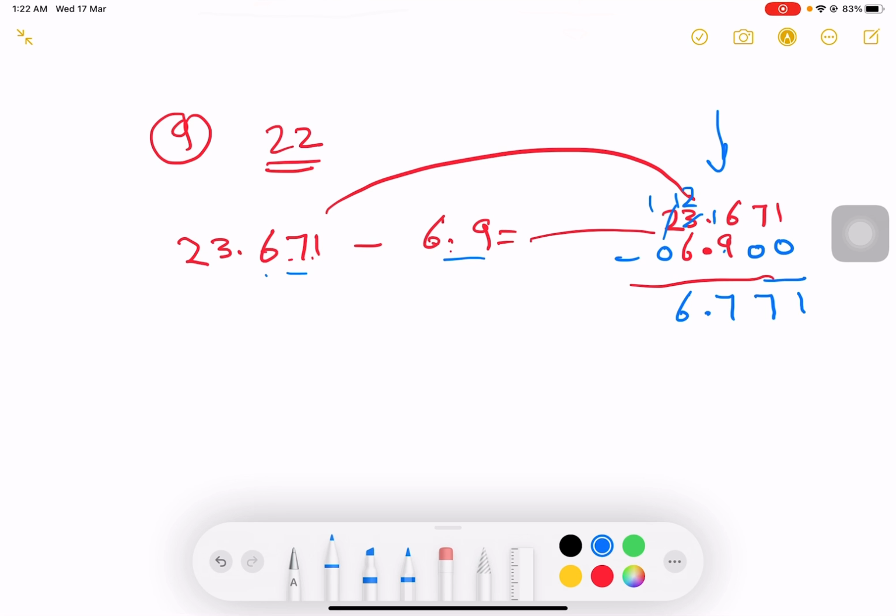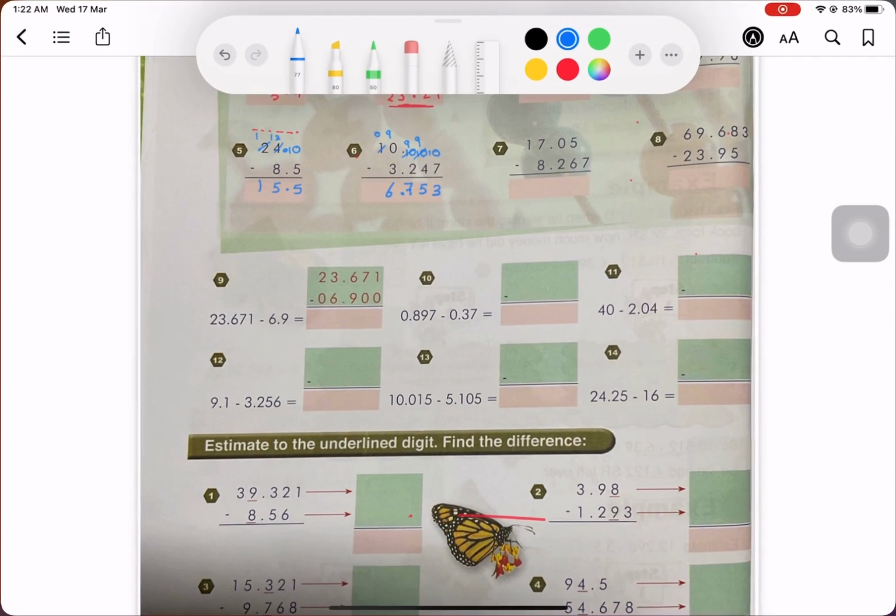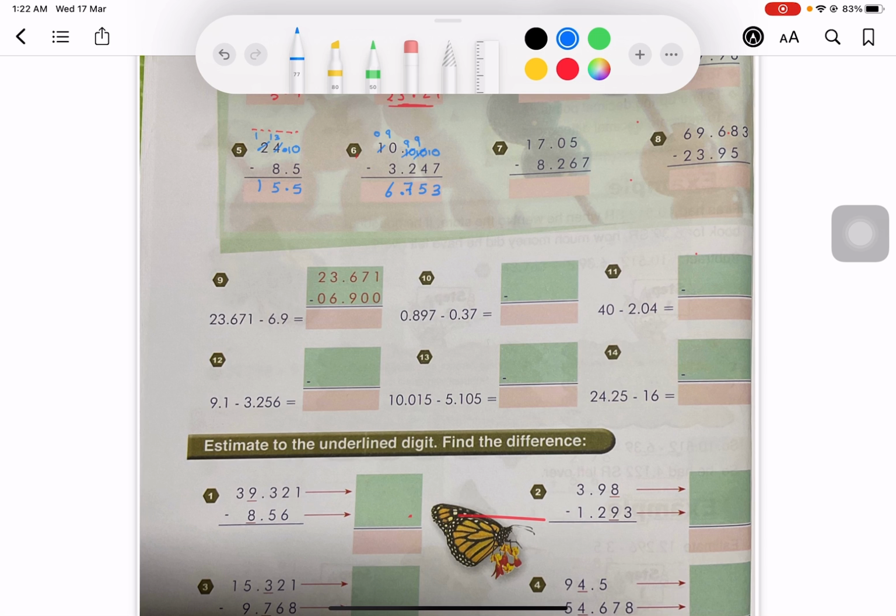I changed the question. The question was written horizontal. I put them vertical under each other. Now I will go back to the book and solve question 9. When you look, they put zeros under the digits where you don't have any number, then you subtract.